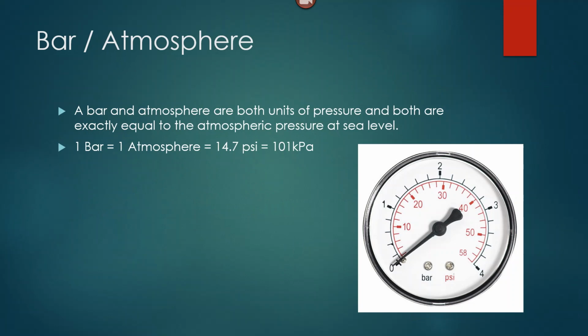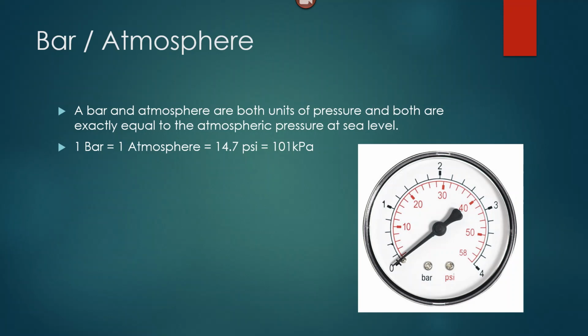We also have atmospheres or bars. So 1 bar equals 1 atmosphere equals 14.7 psi equals 101 kilopascals. Pretty easy. Bar is a very common pressure. It's used basically around the world.